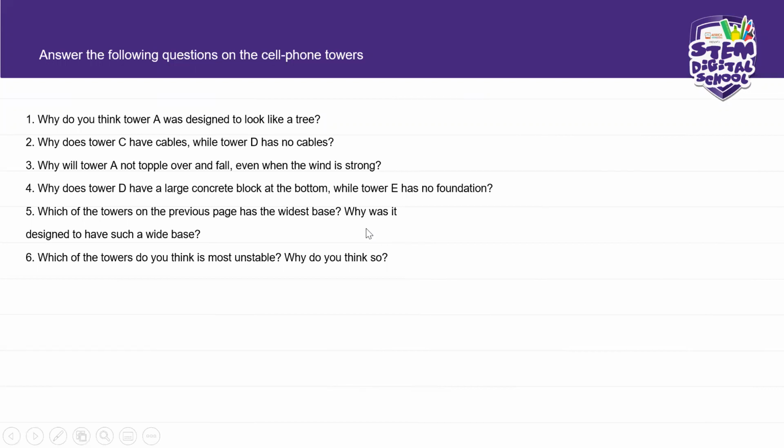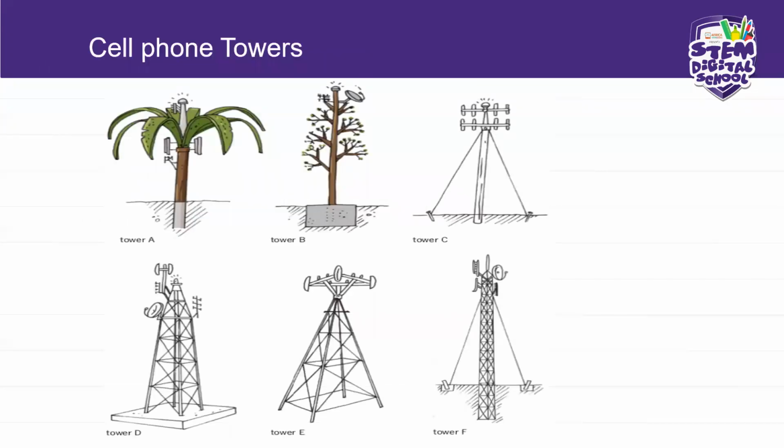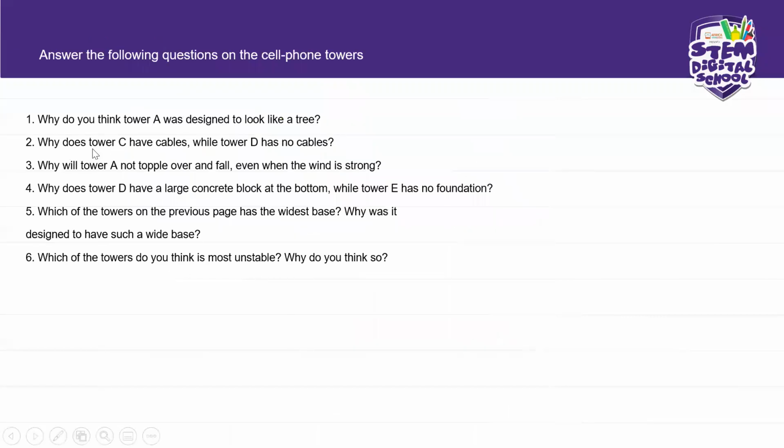Tower A is designed like a tree. You saw that Tower C has cables. If I can take you back to Tower C, there's Tower C. It has cables, these cables. And Tower F also, okay? So when you look at this question, why does Tower C have cables while Tower D has no cables?